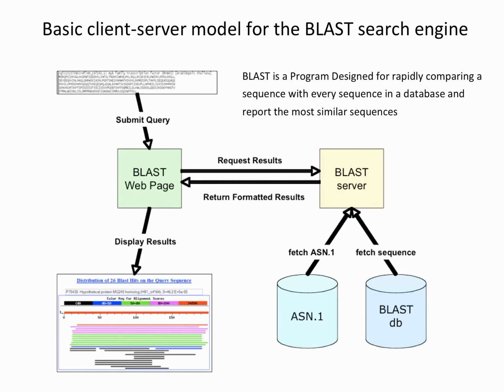How BLAST works. This is the basic scheme for the web server model of a BLAST search. The user submits a query sequence to the BLAST web page, and the BLAST server engine finds those sequences similar to the query in the database, and then returns the results that you can see on your screen.